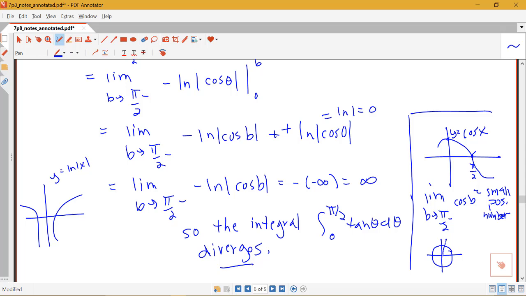So we'd be getting closer and closer to a cosine value of 0, but it would be a small positive value. If you need to review some limits, you might want to check out sections 2.2, 2.3, and 2.6, and let me know if you have any questions.